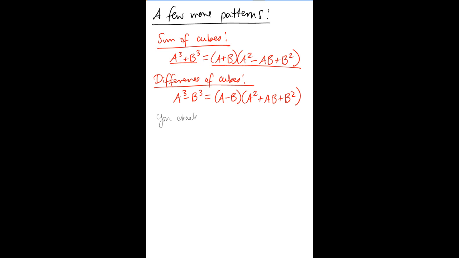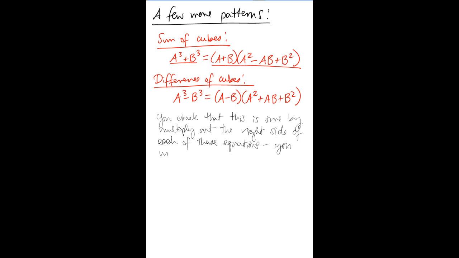You can check that this is true by multiplying out the right side of each of these equations, and you'll see you will get what's on the left side. That way you can assure yourself that these patterns are really true.